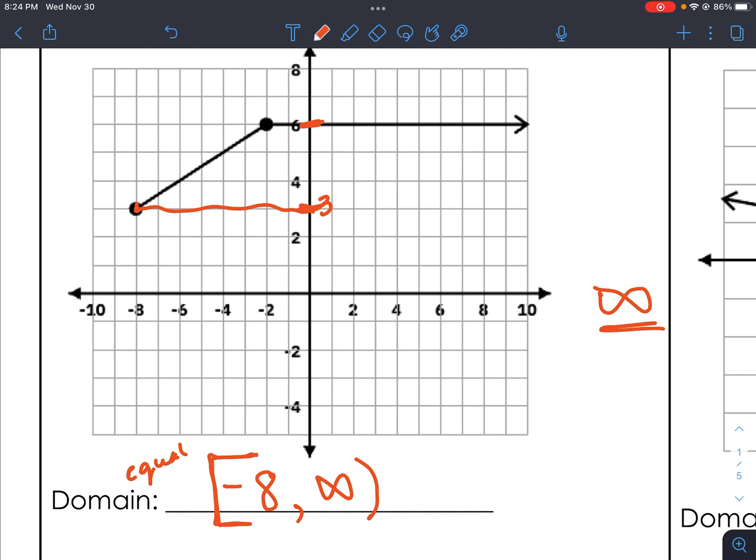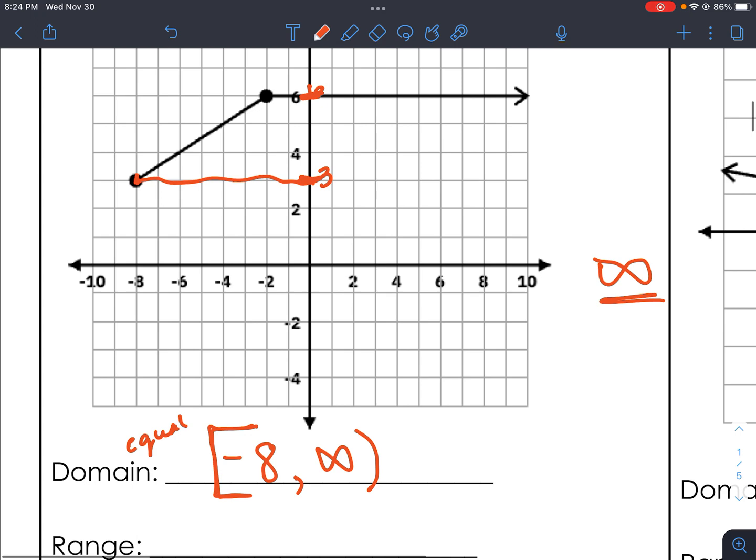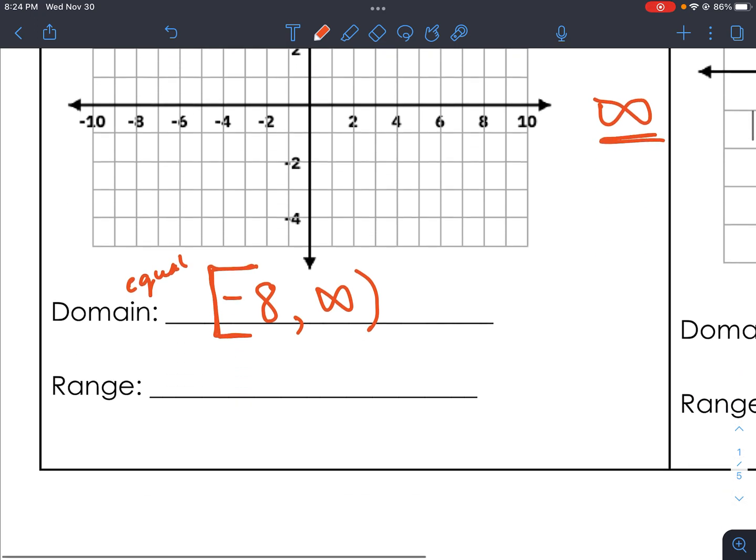So it goes from 3 up to 6, and it keeps going straight and stays on 6. So the range is from the lowest, which is 3, the lowest is always on the left, to 6. Since these are exact numbers, you use a bracket around 3 and a bracket around 6.